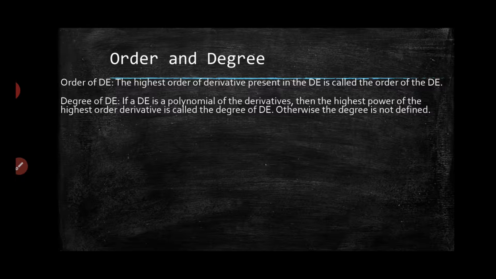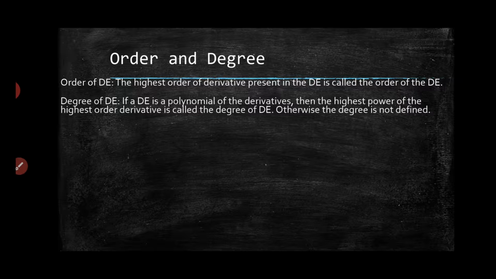So if your differential equation is specifically a polynomial of the derivatives, meaning the derivatives are present in algebraic form with their powers, like dy by dx, dy by dx whole square, or d2y by dx2 or its whole square, whole cube, doesn't matter what.